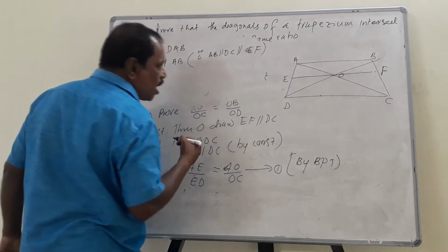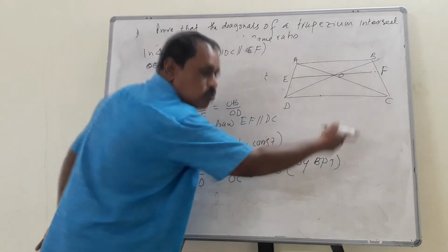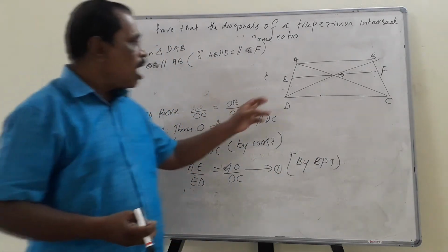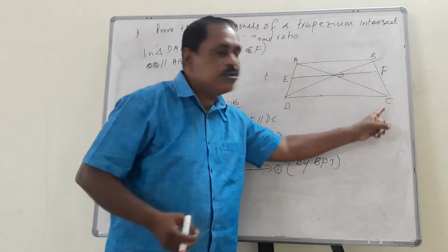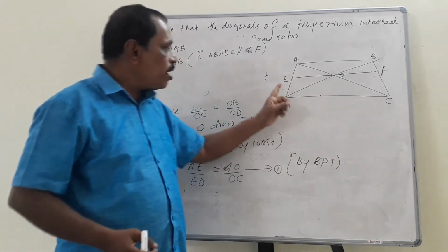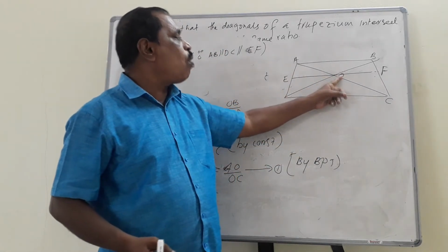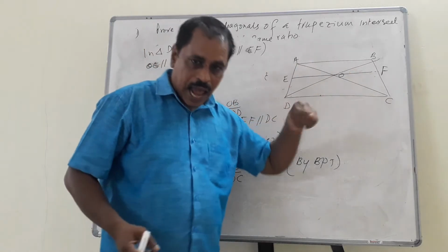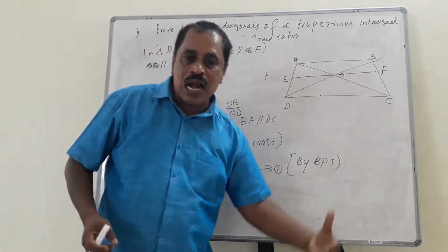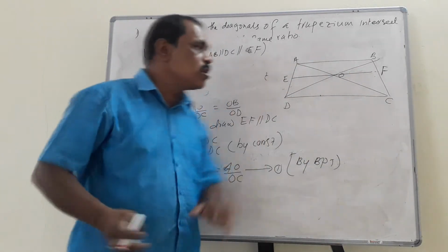Or you can say AB is parallel to DC, right? And EF is parallel to DC by construction. Therefore, EO is parallel to AB, as lines that are parallel to the same line are parallel to each other.